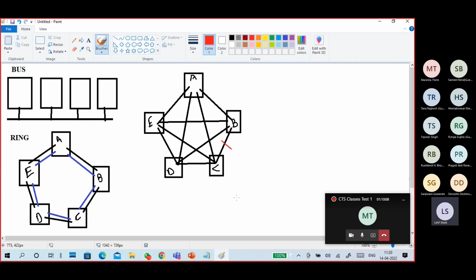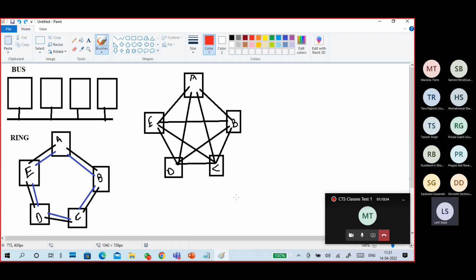It is highly redundant. Redundant means if one device is down, no problem, another device will give you the information or do the work. Something like you have two cables, your system is connected with two cables. If one connection is down, no problem, you have another connection to communicate.